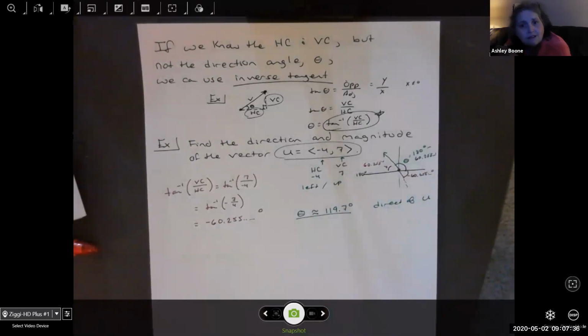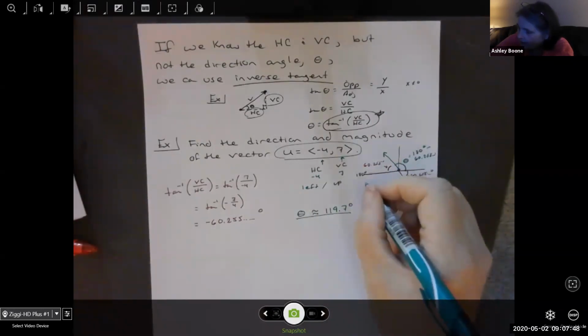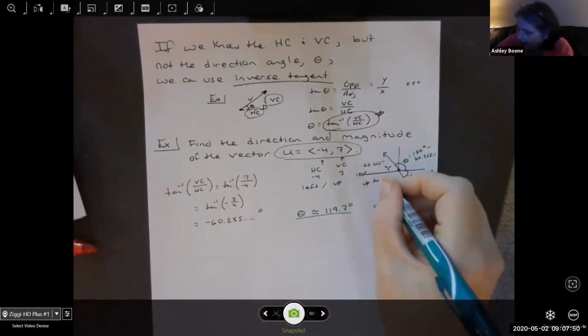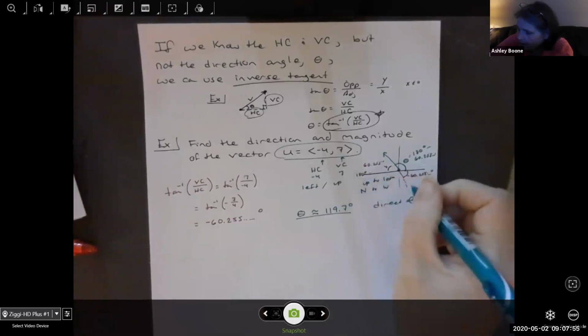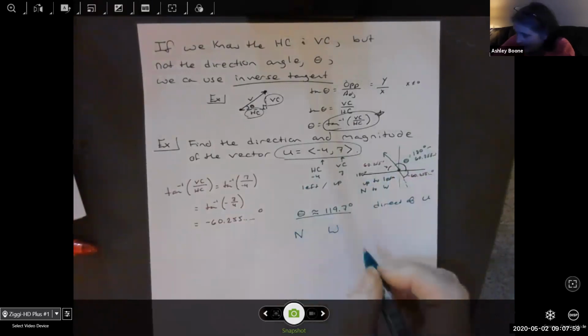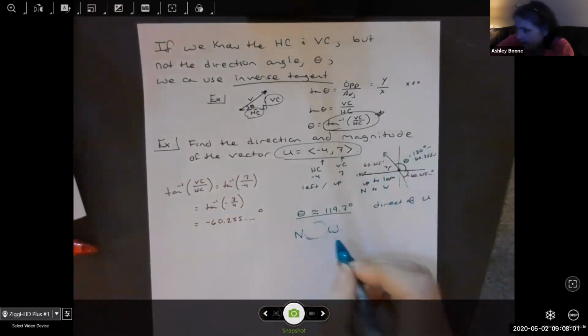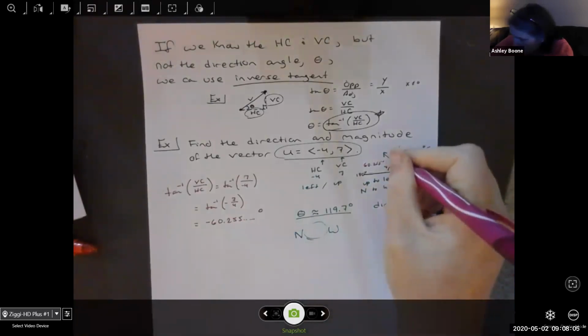If you wanted to think of it as bearings or headings, remember when you think bearing or heading, the north, south, east, west, what's happening with this vector? It's going up and to the left. So it's going north to the west. So I could write this as north something west. The degrees that go in there, you're wanting this little bit.